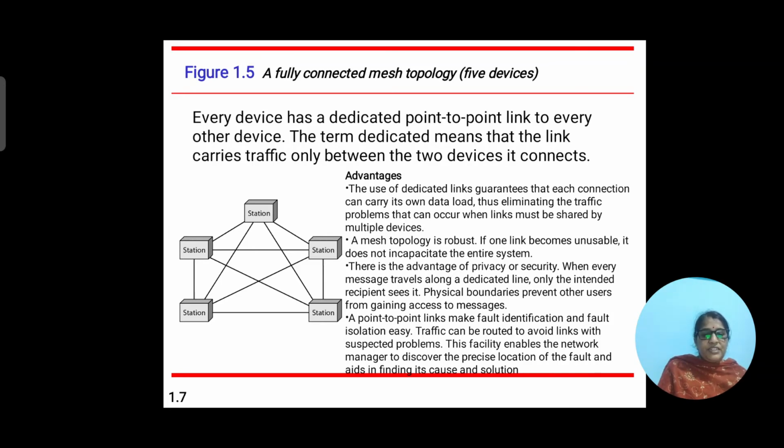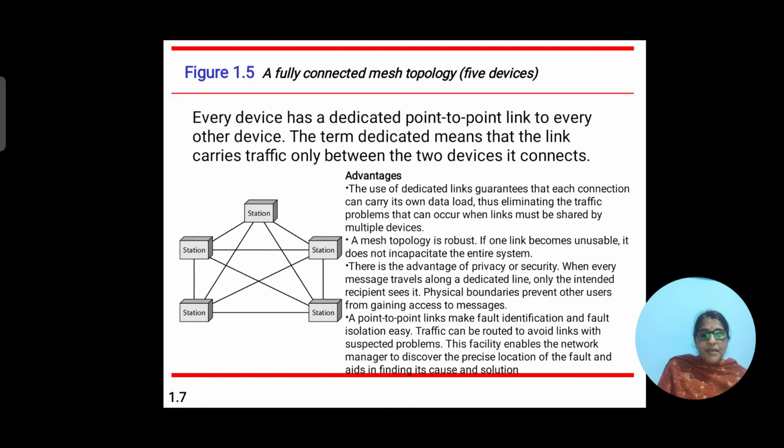In mesh topology, every device has a dedicated point-to-point link to every other device. The term dedicated means that the link carries traffic only between the two devices it connects. To find the number of physical links in a fully connected mesh network with n nodes, we first consider that each node must connect to every other node.